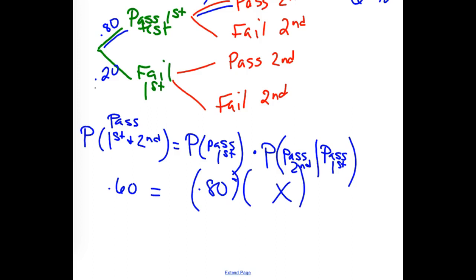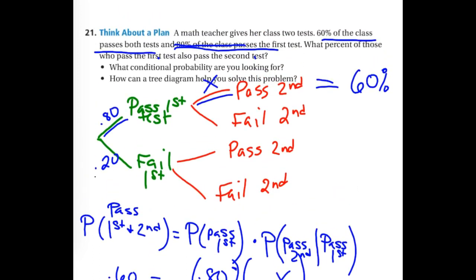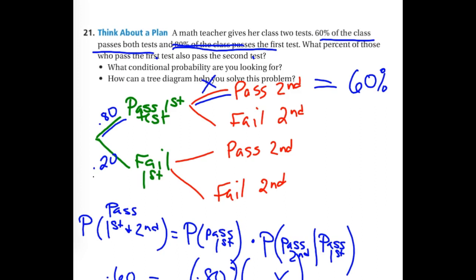Well, again, if you look at your tree diagram, remember you have to multiply along the way. So we have to go this route and this route to get out to here, right? So we would have to take the 0.8 times something to get 60%, 0.6.